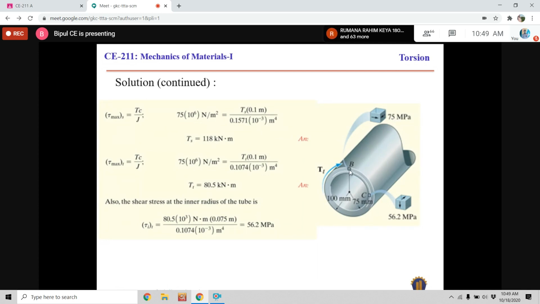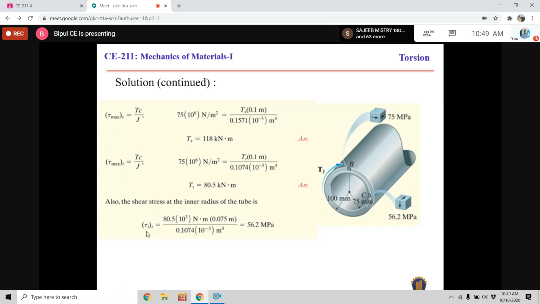As the stress at this location is 75, at the inner surface definitely the stress will be smaller, because we have seen from the previous equation that the stress is 0 at the origin and it increases away from the origin, and it is maximum at the outer surface.